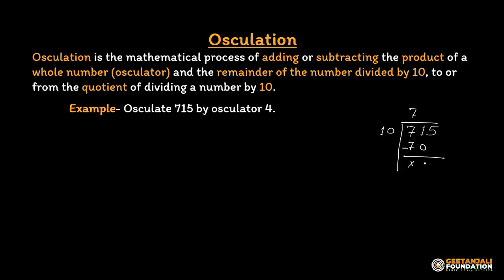You subtract, this will get cancelled. This is 1 and 5. 10 ones are 10, and when you subtract you get 5, this gets cancelled. So this 5 is your remainder, and this is your quotient.